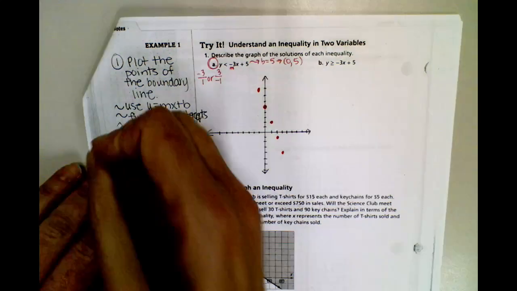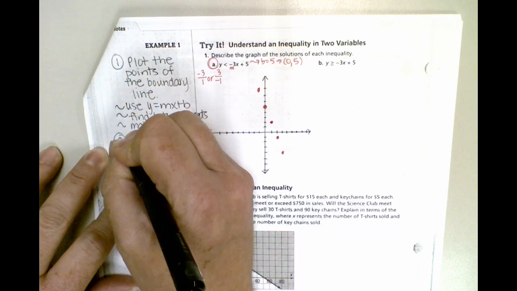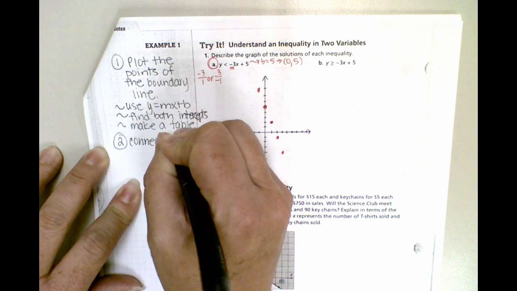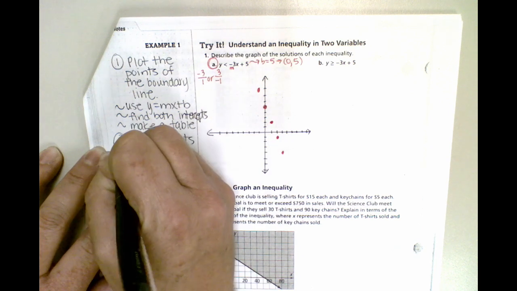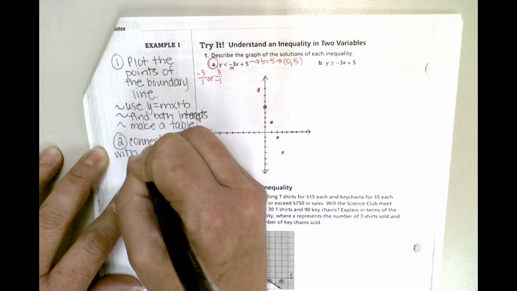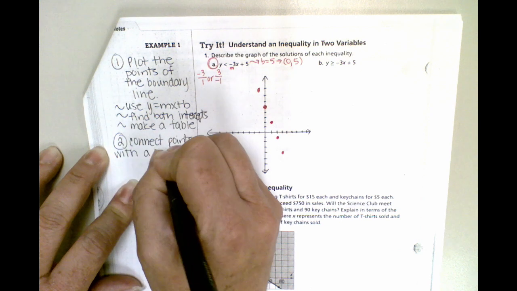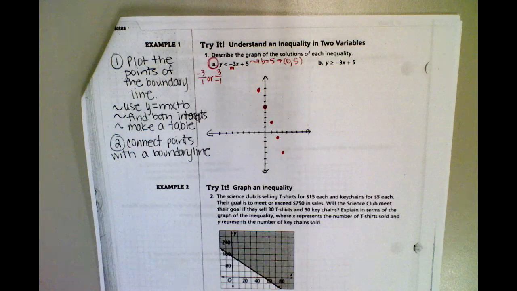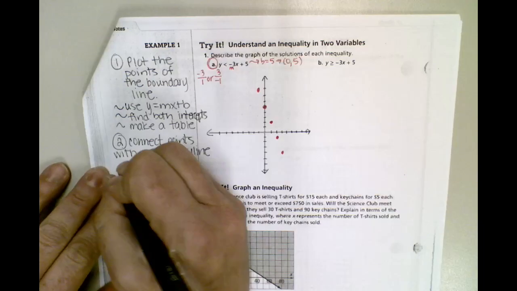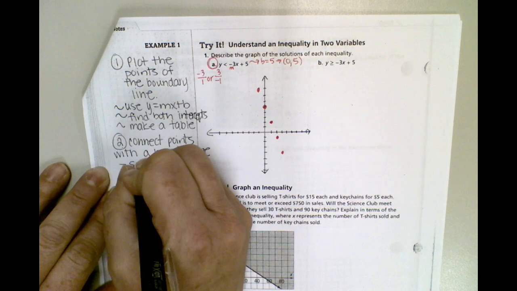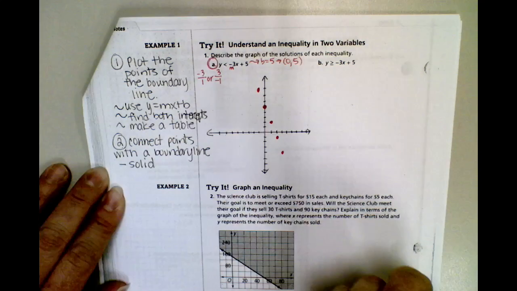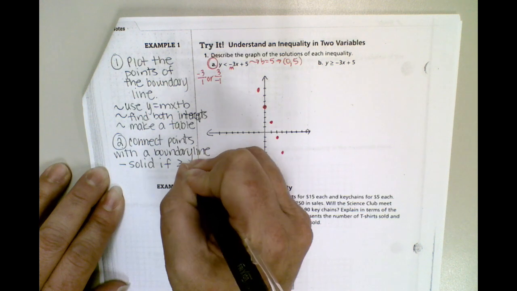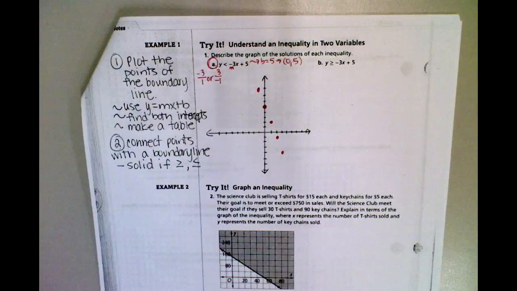So step two is to connect the points with a boundary line. Now, in this section, we are going to have two types of boundary lines. It is going to be a solid connected boundary line if your symbol is a greater than or equal to or a less than or equal to.